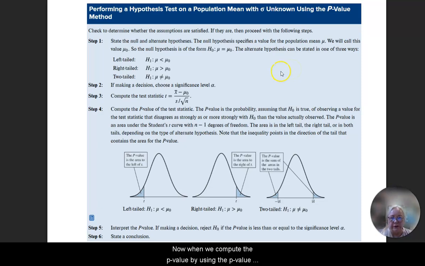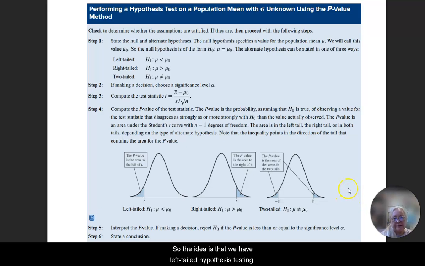Now, when we compute the p-value by using the p-value method of the test statistics, we compute the probability that if we assume that H naught is true and we observe the value presented in a sample, so the probability of observing the value as extreme or even more extreme as the one in a sample.